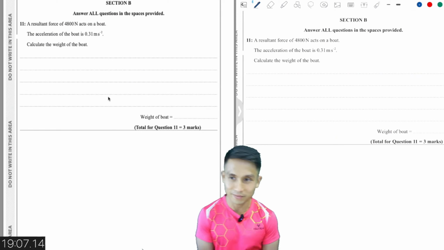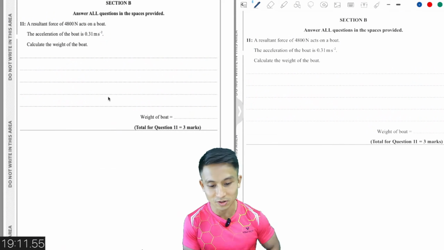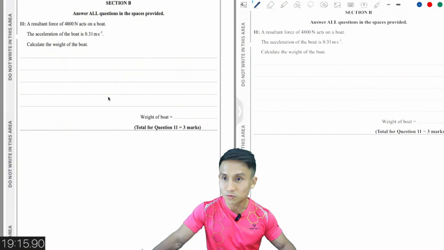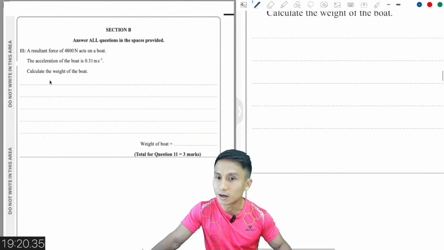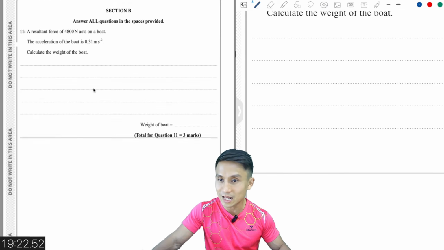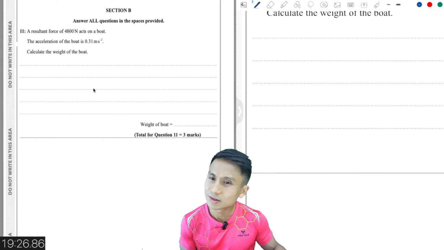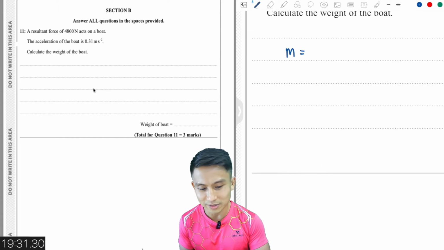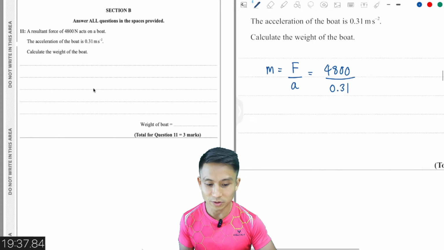More fun, I think. A resultant force of 4,800 newtons acts on the boat. The acceleration of the boat is 0.31. I'm just going to keep the question on here. Calculate the weight. So we just find the mass first. Mass equals resultant force over acceleration, so that's 4,800 divided by 0.31.